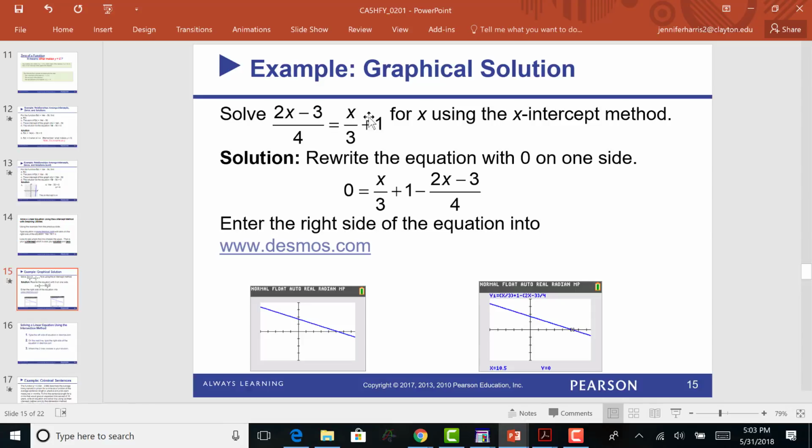Literally just hit the slash or the division symbol. It'll create a fraction for you. You should end up with 2 lines on the screen. I'm just showing you the first method. It's not shown on that particular slide. Once you type both equations, you should have 2 lines on your screen.